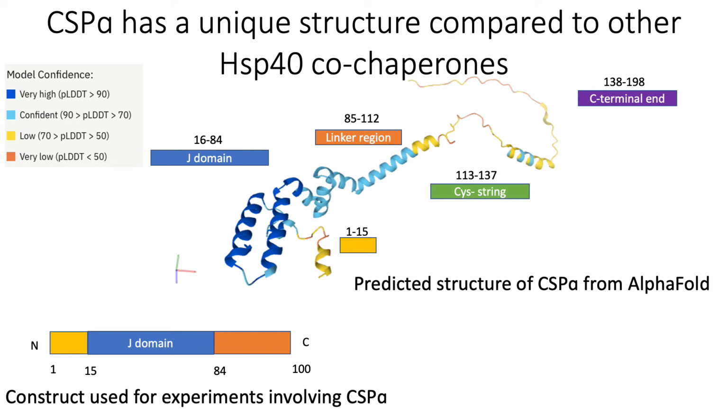I've used this construct of the J domain of CSP alpha in my experiments because the first step that I've taken into looking at how CSP alpha and HSC70 interact is by looking at the J domain's effect on HSC70's ATPase activity. We'll take a closer look at that in the next slide.